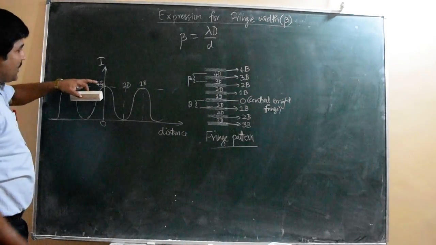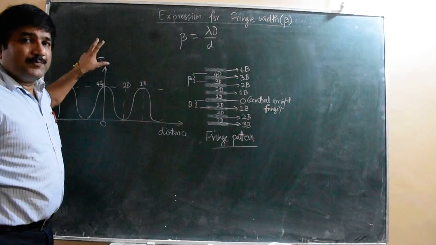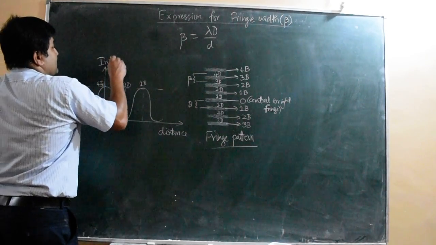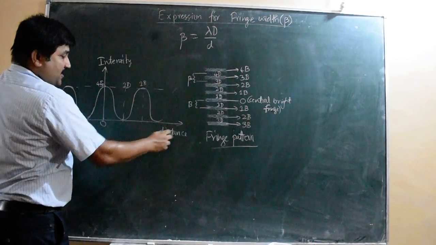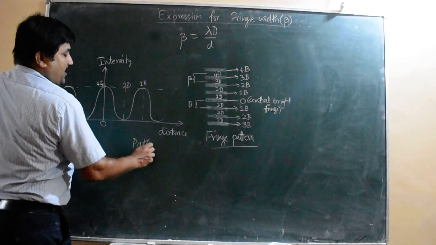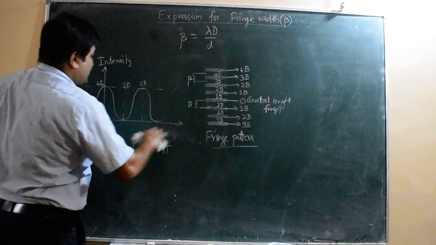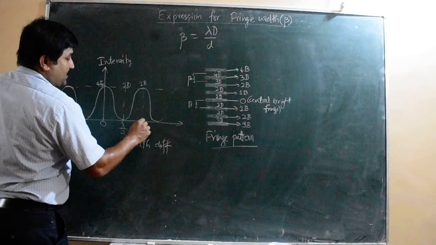Now you see this diagram once again. This is the intensity distribution curve in interference, with intensity along the y-axis. On the x-axis you can take distance, or, in the textbook, they give path difference. If you take path difference, then this is lambda by 2 and this is lambda.